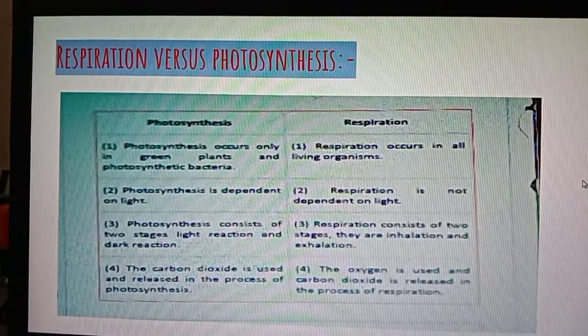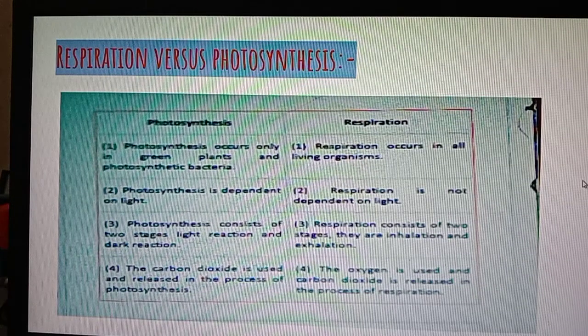Now, respiration versus photosynthesis. We will study the difference between respiration and photosynthesis. Photosynthesis occurs only in green plants and photosynthetic bacteria. Means green plants कह सकते हैं या जिस भी जगह पे क्लोरोफिल प्रेजेंट होगा वहाँ पे फोटोसिंथेसिस टेक प्लेस होगा. और रेस्पिरेशन इट ऑकर्स इन ऑल लिविंग ऑर्गेनिज्म, चाहे वो प्लांट हो, चाहे एनिमल हो, चाहे उसमें क्लोरोफिल प्रेजेंट हो या ना हो.